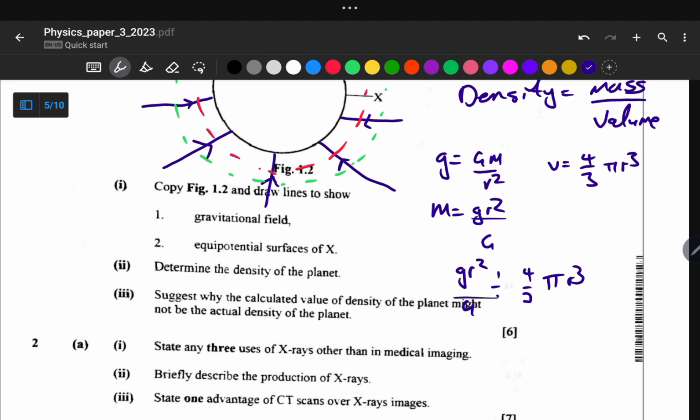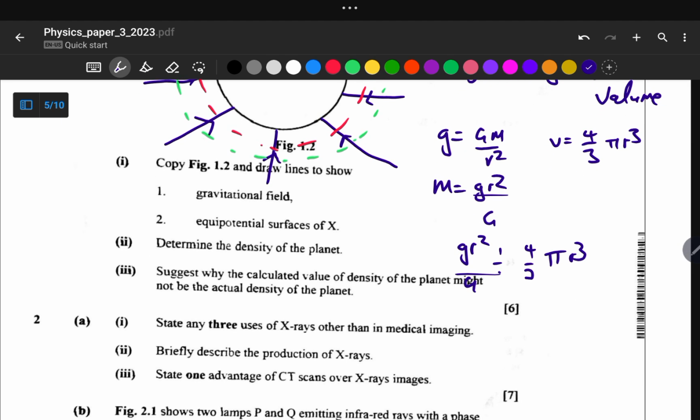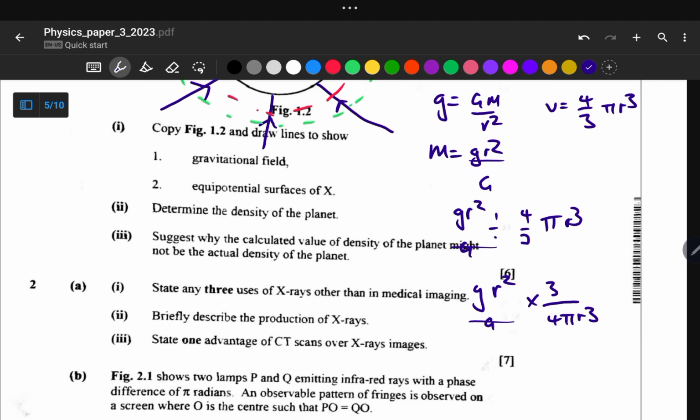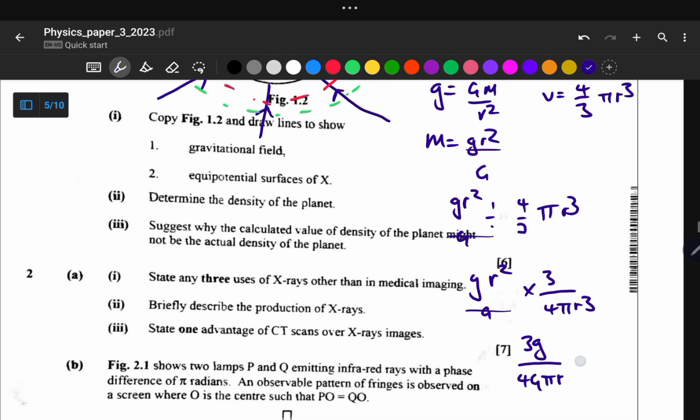So when you are dividing these two fractions, we invert the second one and put the multiplication sign here. So it is g r squared over the big G multiplied by 3 over 4 pi r cubed. So we can just remove this r. So it is now 3g divided by 4 big G pi r, like this.